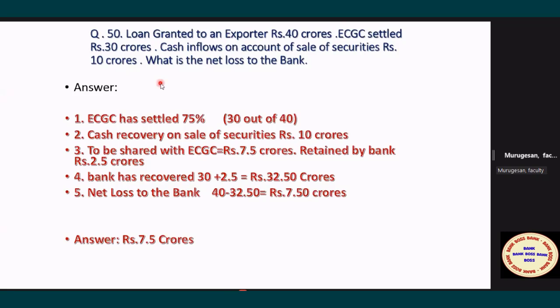Recovery means either by pursuing the borrower, or by reconciliation or a compromise. He was paying something, so you are able to make a cash recovery after ECGC settled. Now, the recovery made by the bank: whether the bank can retain the entire amount, or something they have to pay back to ECGC.